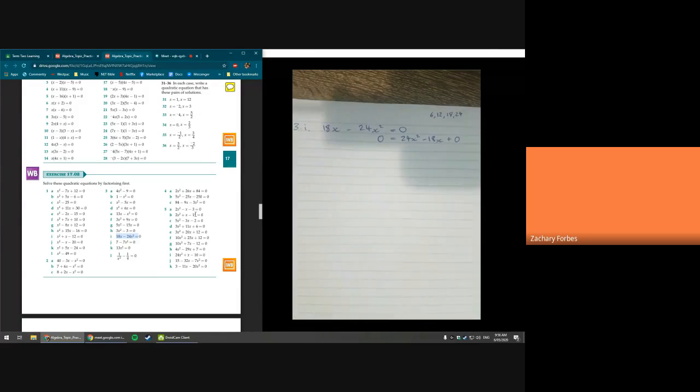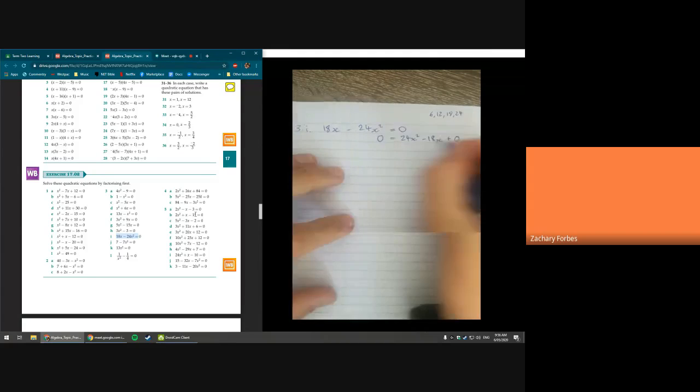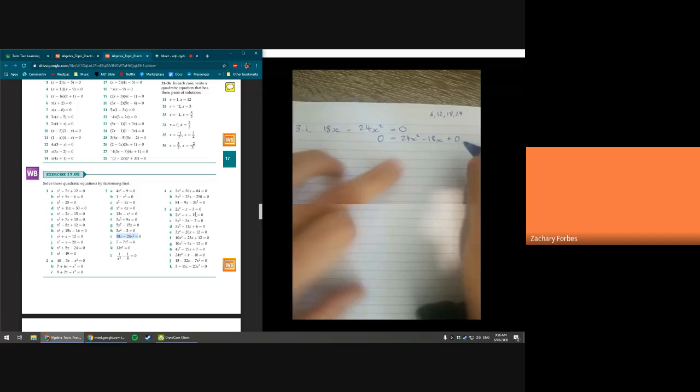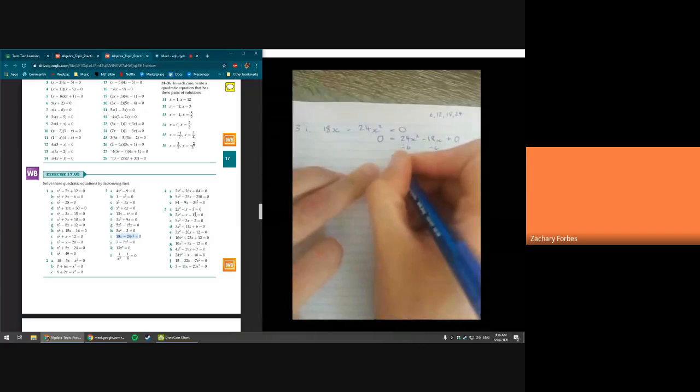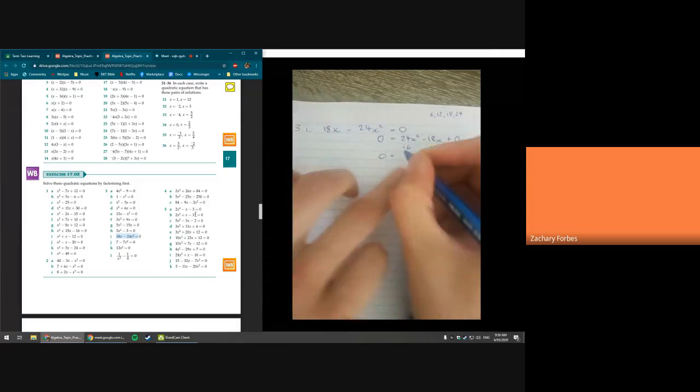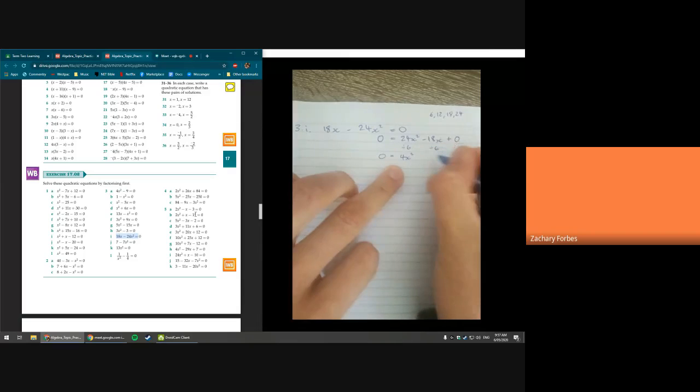All right, so I could divide everything by 6. So let's do that. We'll divide this by 6, divide this by 6, and then those are zeros, so we don't really need to worry about them. So we get 0 equals 24 divided by 6 is 4x squared, and then minus 3. And then we've still got that plus 0 on the end.